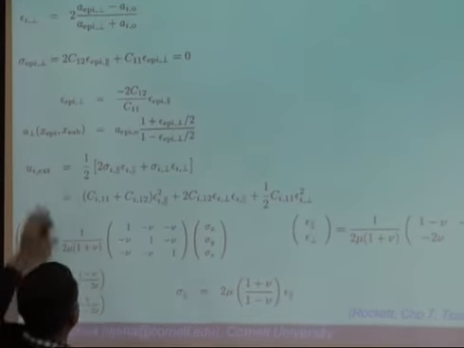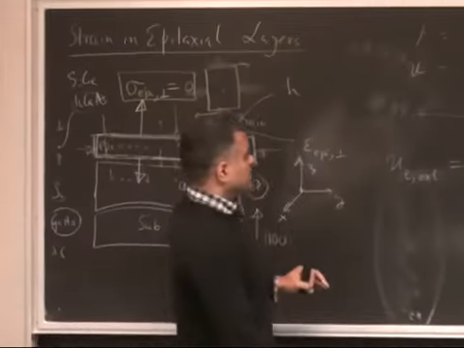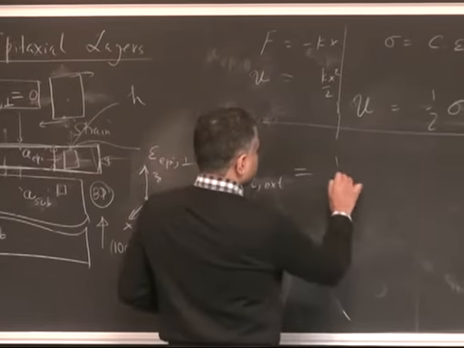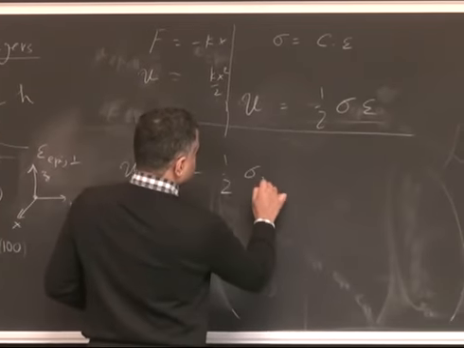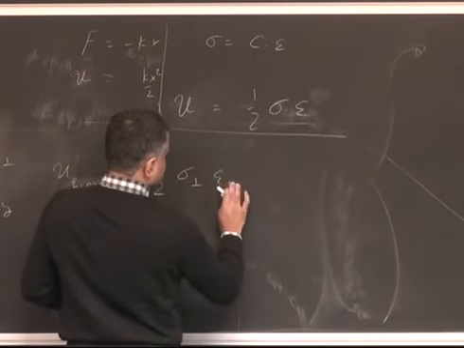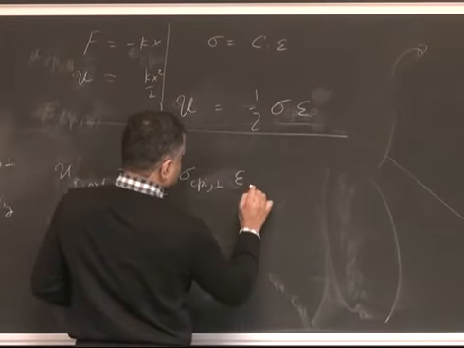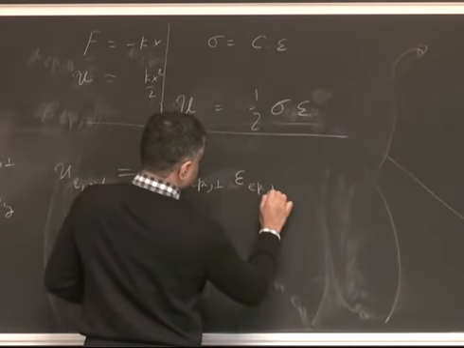So the I here is the ith layer. So you can have more layers on top and that sort of thing. But let's look at it in this way. Essentially, I can write it as half sigma perpendicular times epsilon epi layer perpendicular.